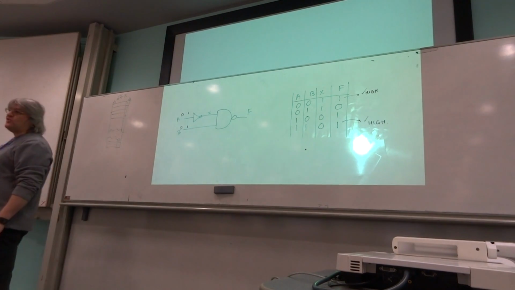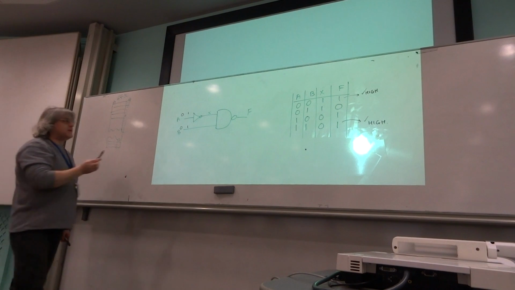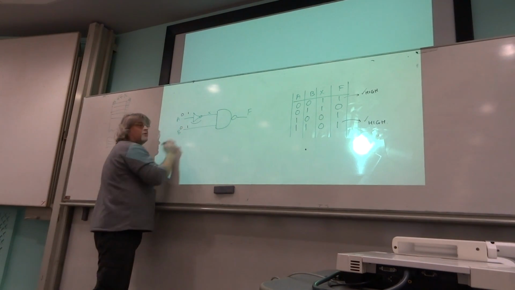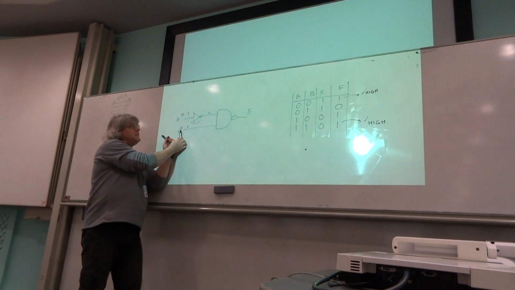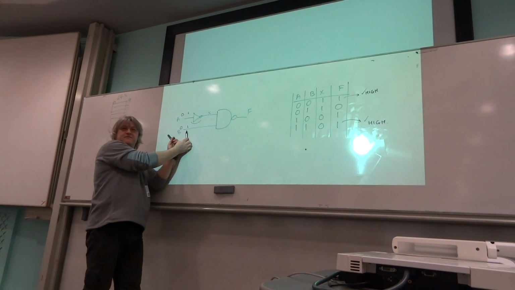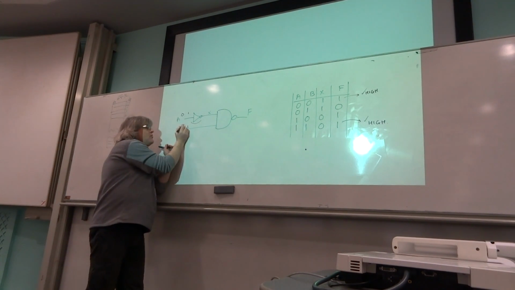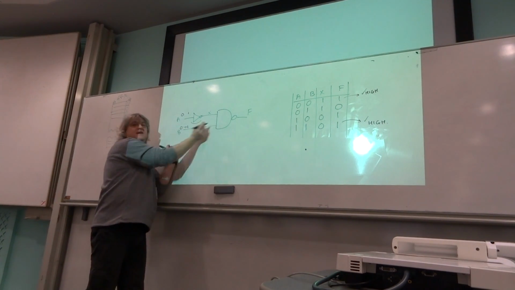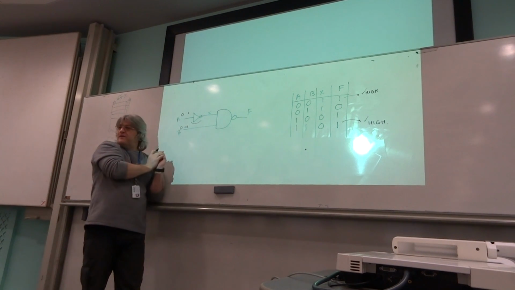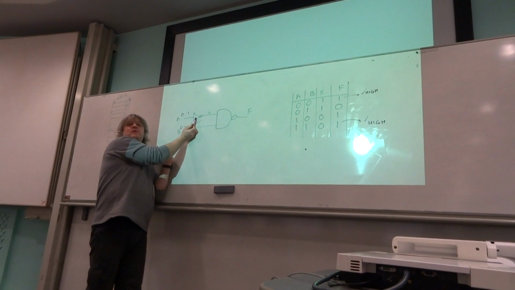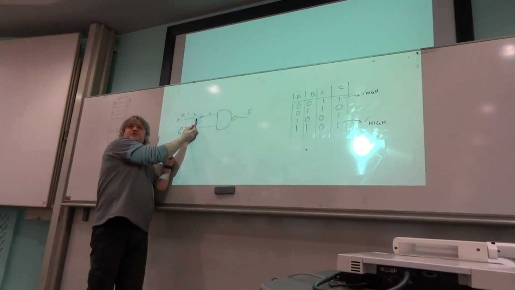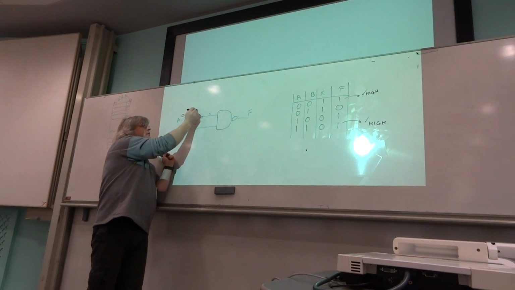Bad news is that's not true, because this has a finite propagation delay. So if we went from low, low to high, high on these inputs, for a short while, when this goes from low to high, this 1 is going to appear here almost instantaneously. This is just a piece of wire. But this low to high has to go through an inverter that has a finite propagation delay, delta t.